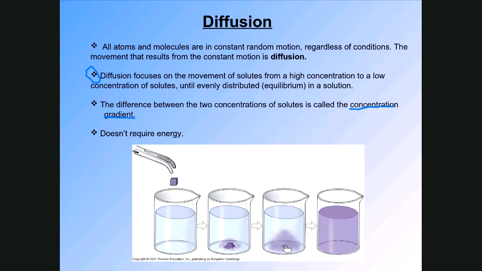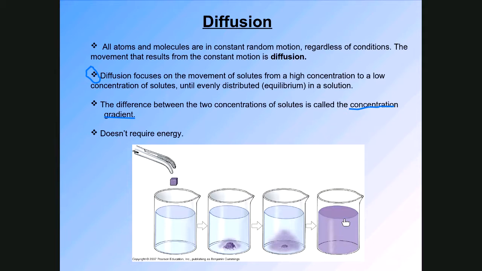Eventually what happens is, the reason why we stain the sugar molecules is so we can see them diffusing from a high to a low concentration until they are evenly distributed in the solution. But in the sciences, instead of saying until evenly distributed in the solution, we say until equilibrium. The reason why they colored the sugar cube is also so you can see when we've reached equilibrium.